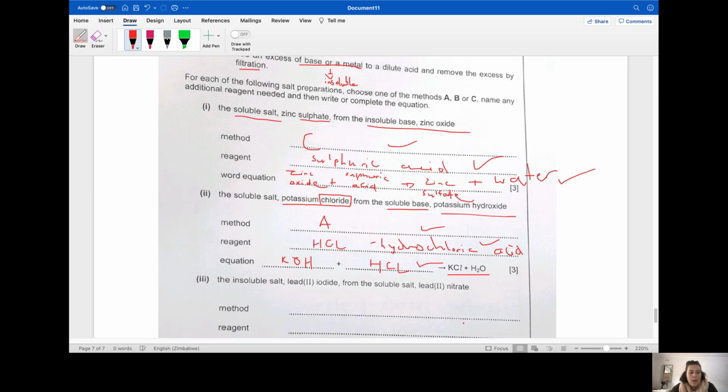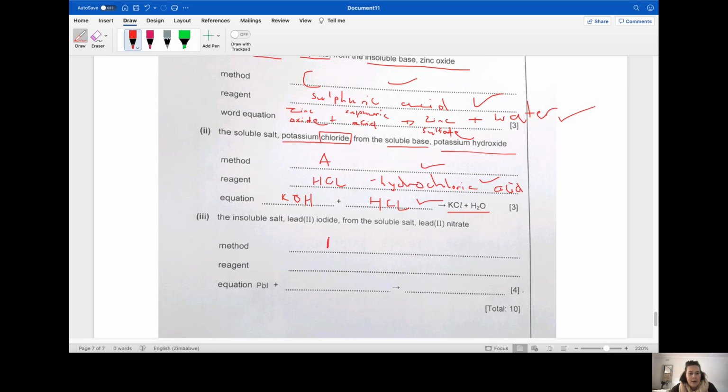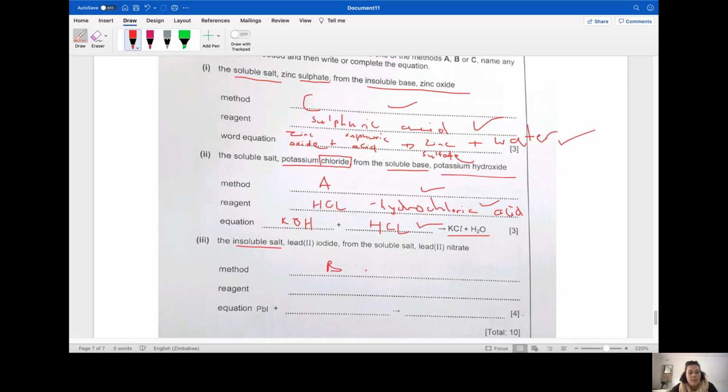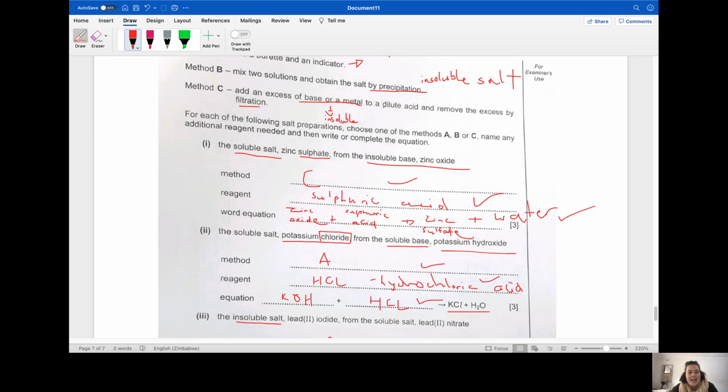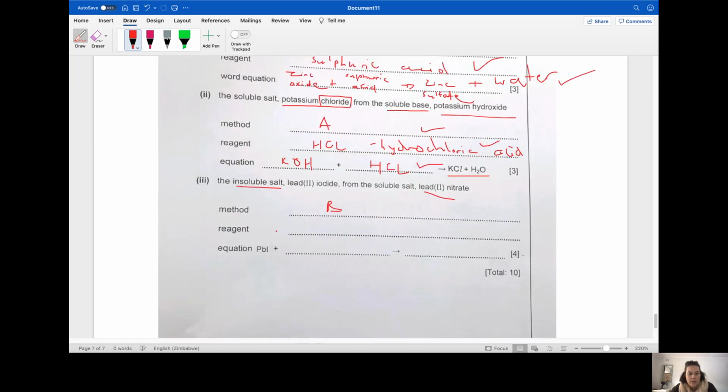So question 3, we are only left with method B, and that's correct because it's an insoluble salt from lead iodide and lead 2 nitrate. What is your reagent?